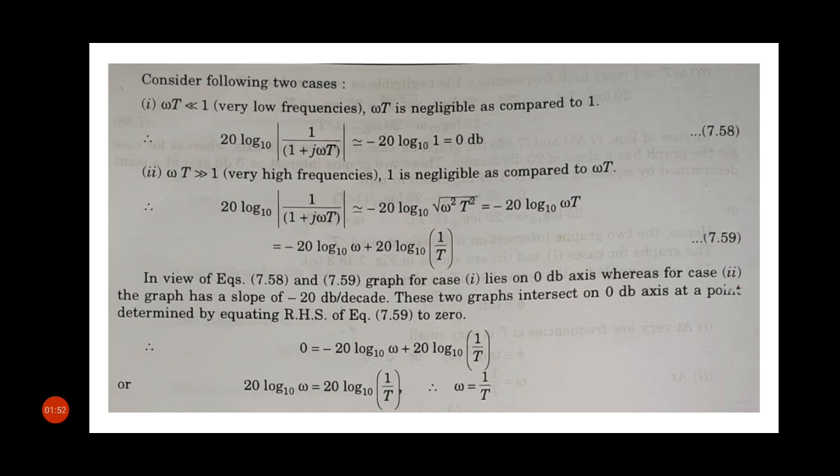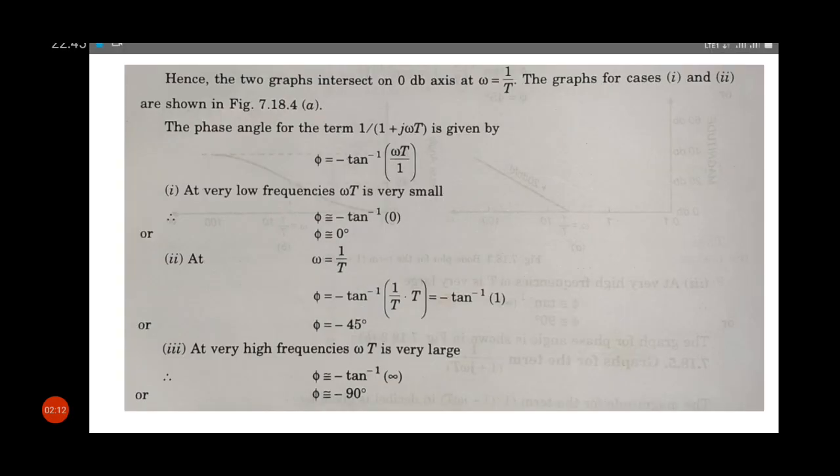This is equal to minus 20 log 10 omega t. From this equation we can write minus 20 log 10 omega plus 20 log 10 1 by t.